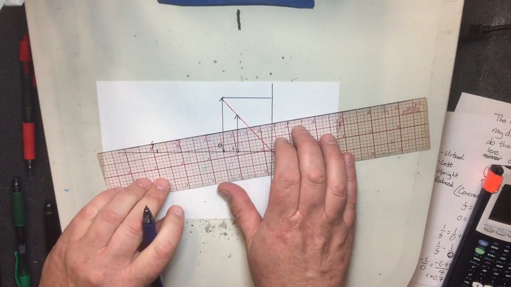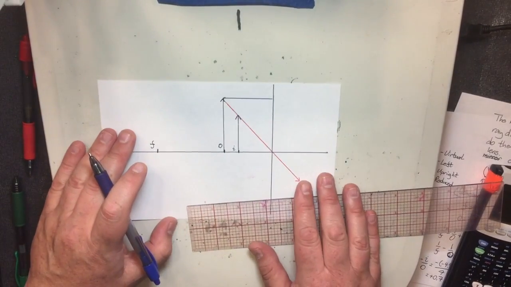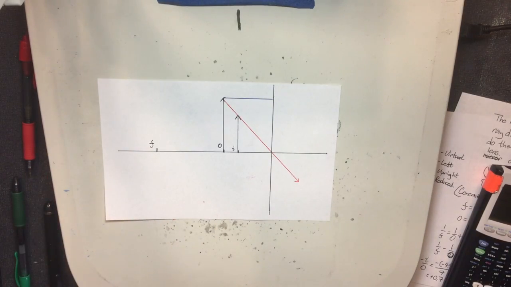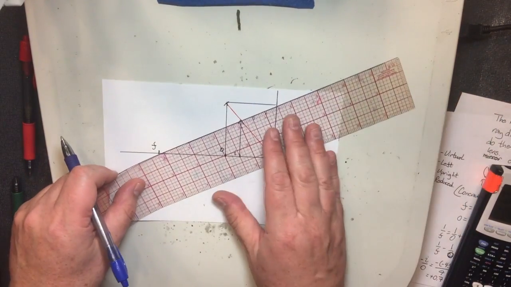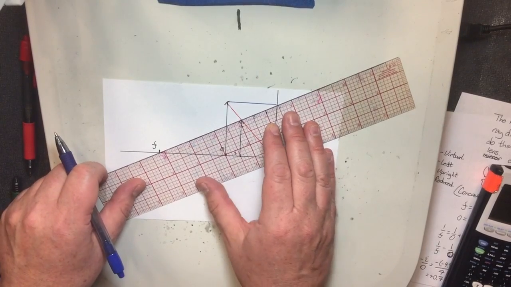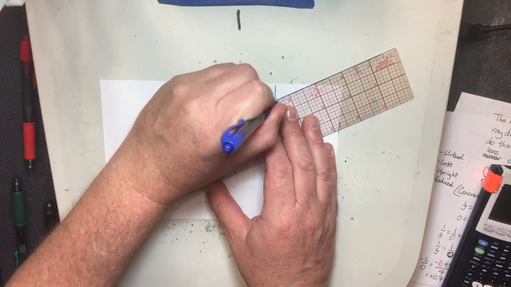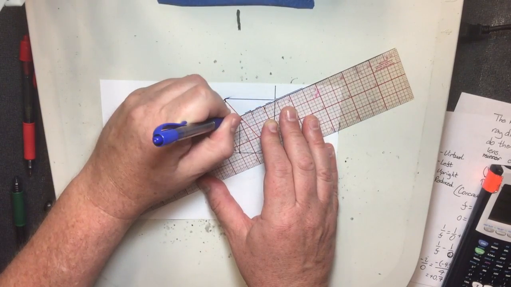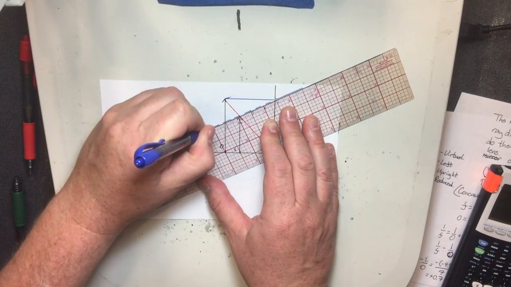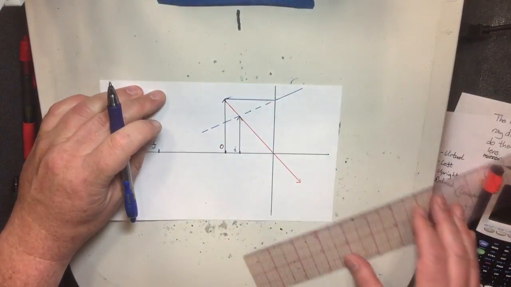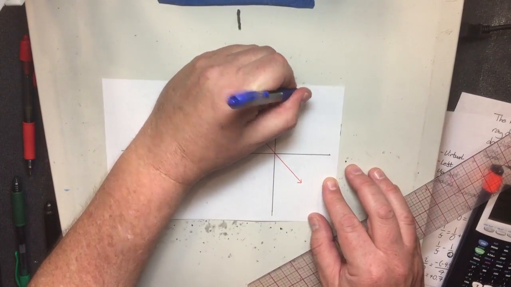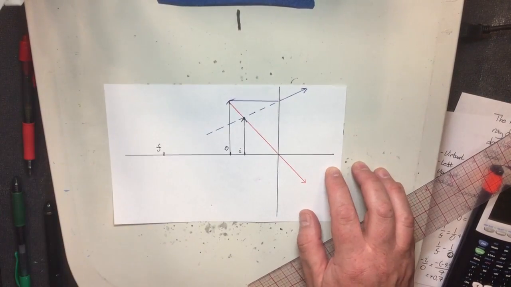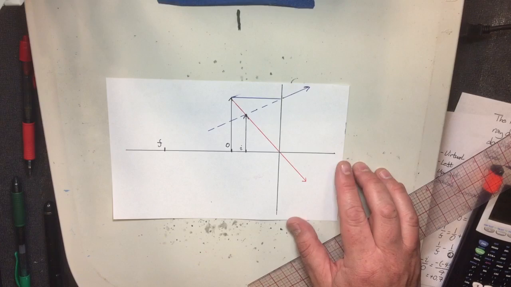Now, because it is a concave lens, concave lenses diverge, which means that the light gets bent away, so the rays intersect at that point. And that would be good enough on a test.